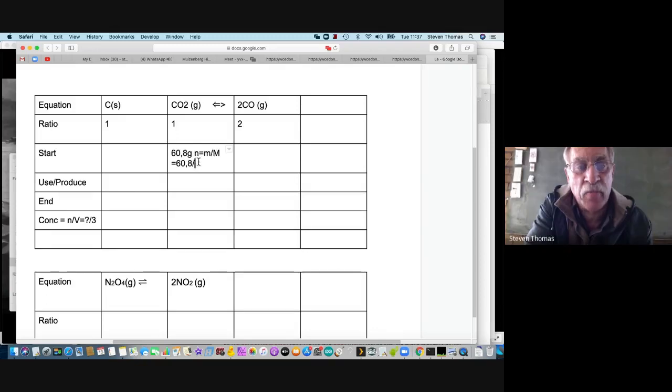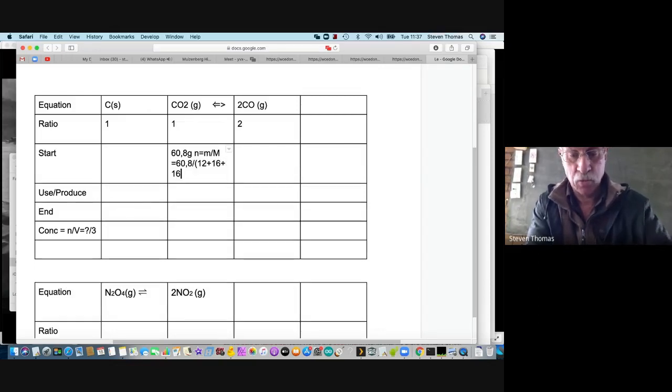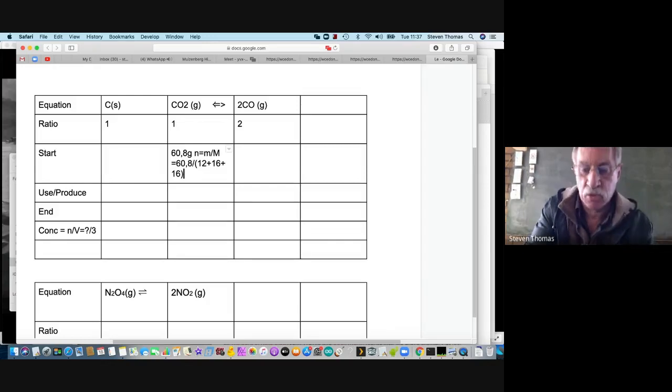That's it, over the molar mass. So what is the molar mass of CO2? It's 12 plus 2 oxygens. So you just go to your periodic table and let's work out how many moles that is.